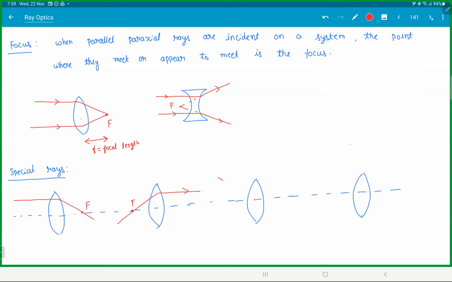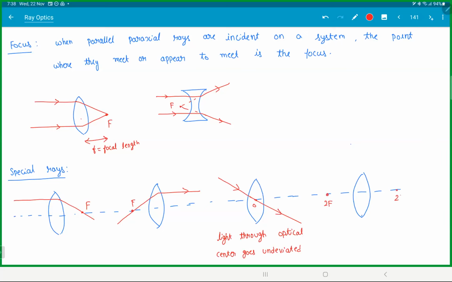If you send a light ray through the optical center, it goes undeviated. This point 2f is special.